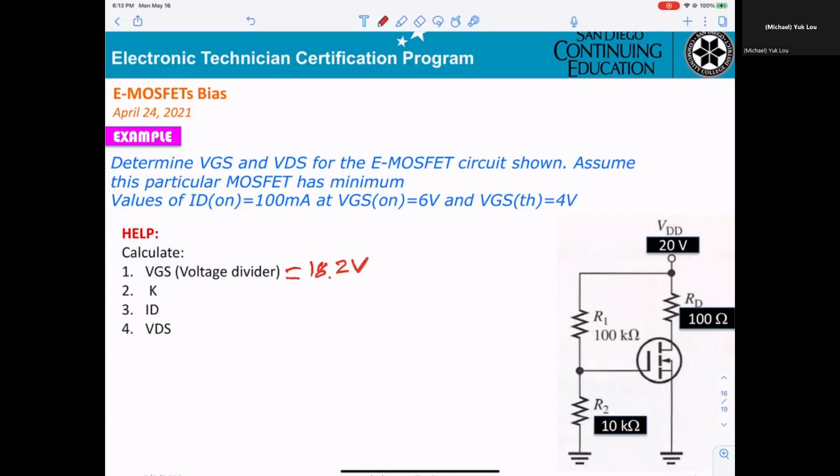I get 1.8 volt. Okay, the other one got 1.8. Try to understand, this is very, very basic. You can get it quickly.